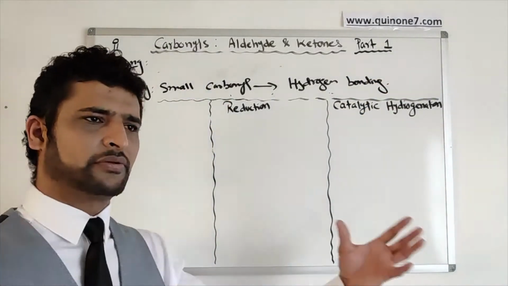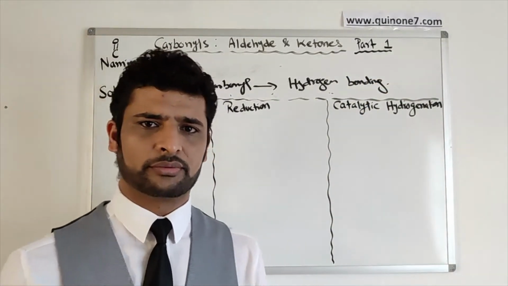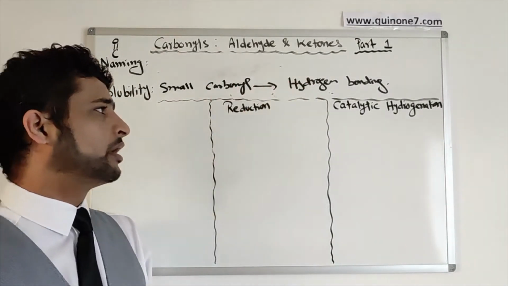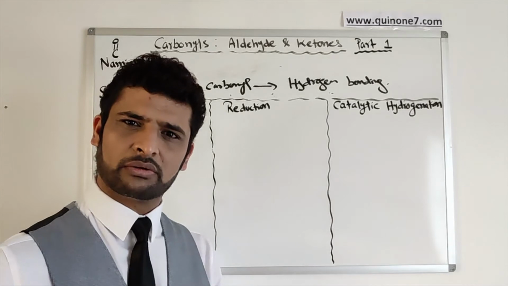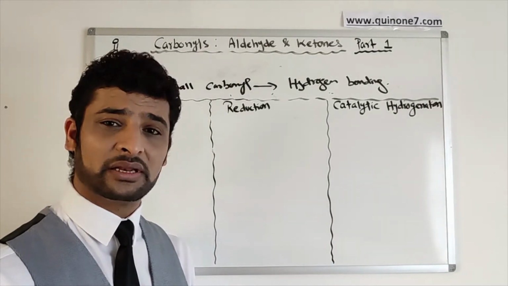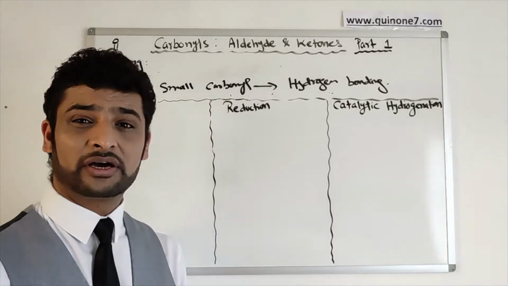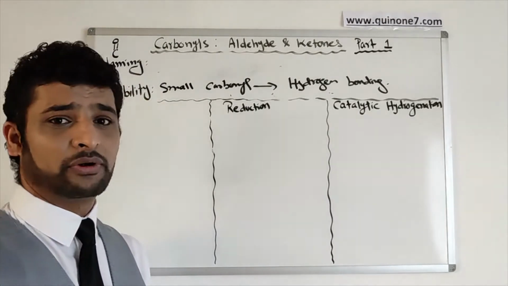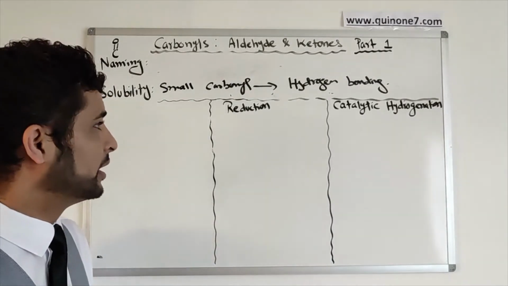The longer the carbon chain, the more London forces you will have. These can have hydrogen bonding, but when you have a big long carbon chain and you have a carbonyl group there as well, it will have permanent dipole-dipole interaction rather than hydrogen bonding. So the small carbonyls are soluble.